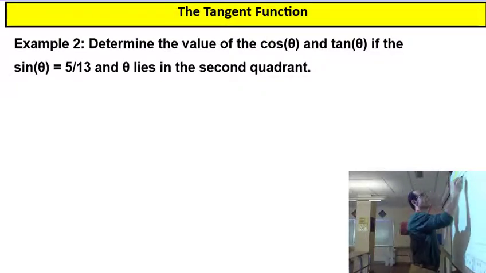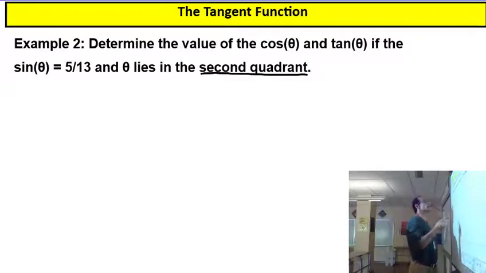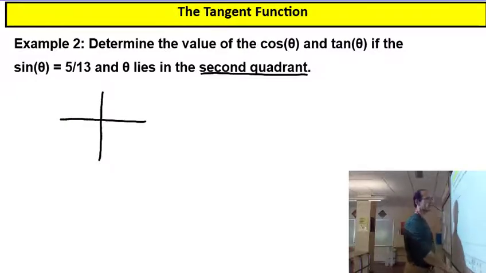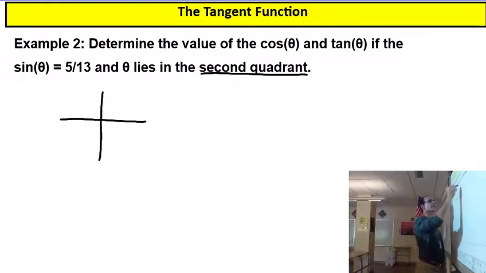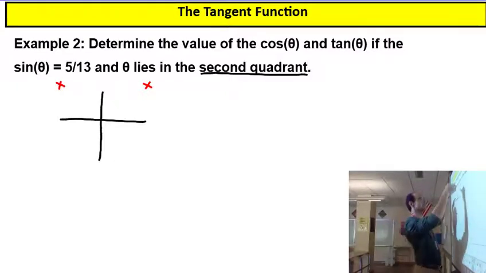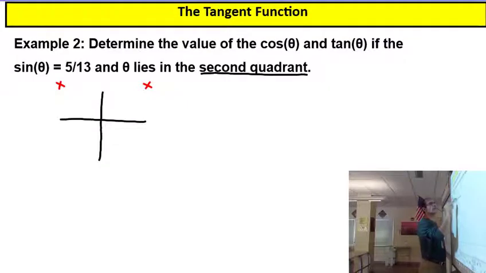They tell you it's in the second quadrant for a reason, because the sine is a positive number. There are two places where the sine is positive, where y is positive, here and here. Remember, sine is y, so for y to be positive, it's got to be in the first or second quadrant. So they want you to draw this angle in the second quadrant, which is going to make a difference.